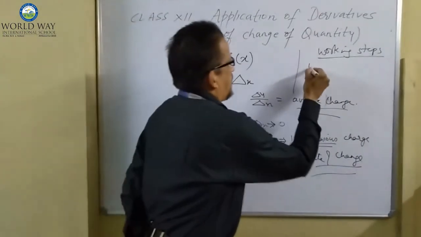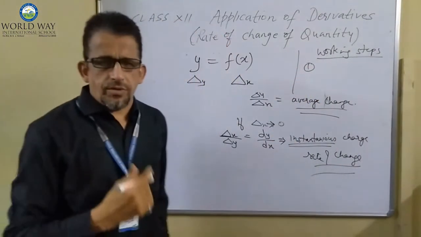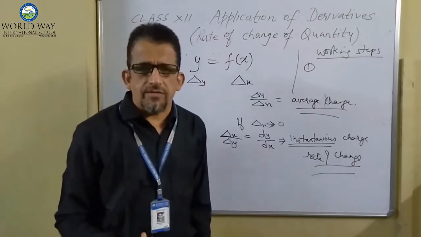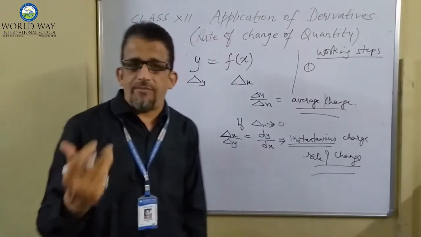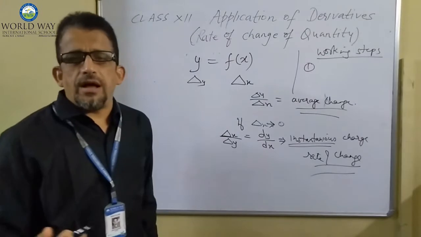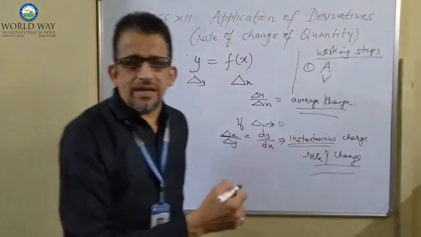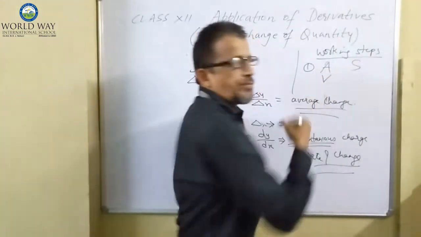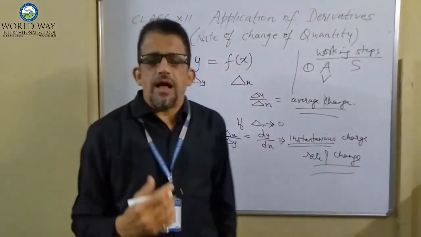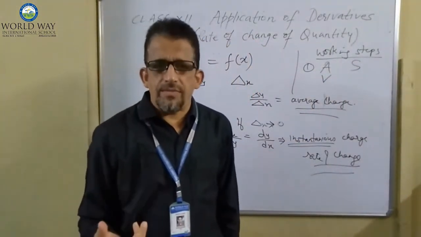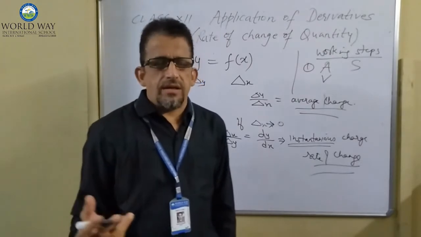First, the introduction of the question. You have to introduce the question, what is given and what is asked, by putting some abbreviations. For area, we put A. For volume, we put V. For surface area, we put S. R for radius, T for time, and so on.